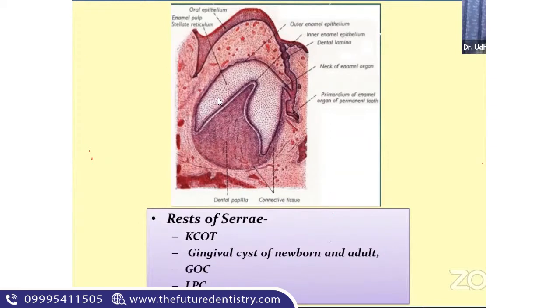For this specialization to occur, the connection of the dental lamina with the oral epithelium has to be cut here. When this gets cut, these cells of the dental lamina are jobless. Hence, they lie as resting cells within this connective tissue. These rests of the dental lamina are called rests of serrae.